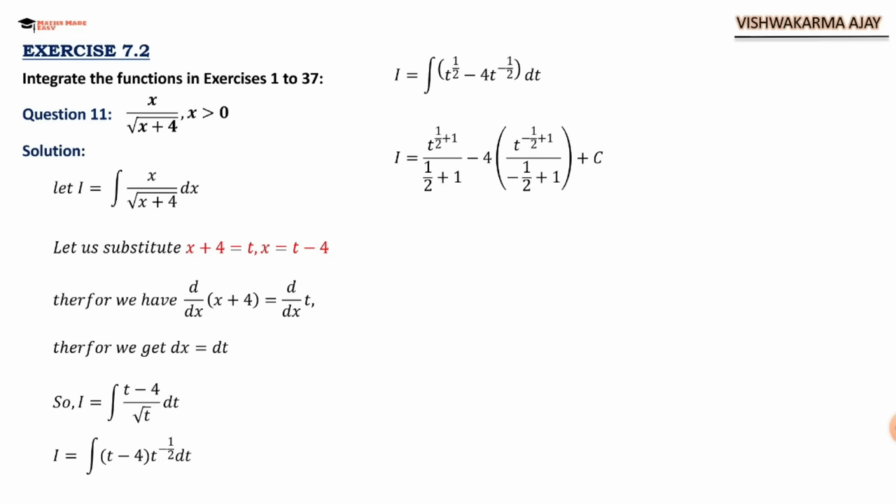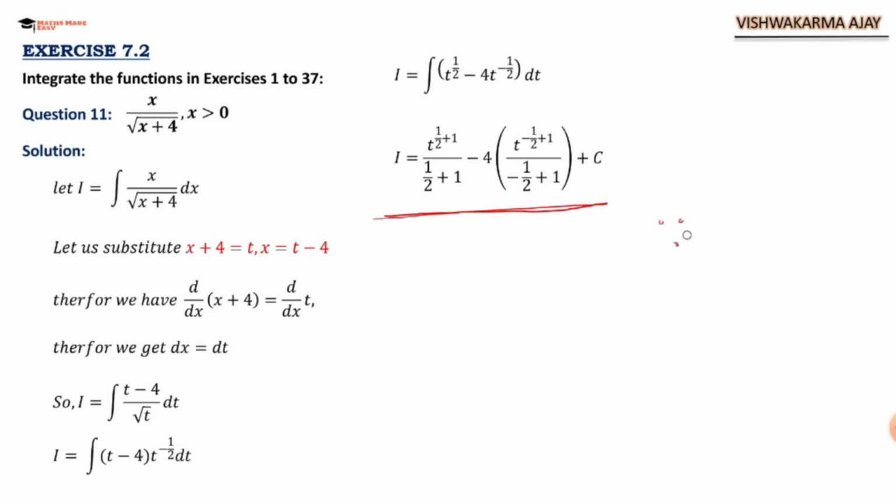Hence we have this. By applying integral, we can write t to the power 1 upon 2 plus 1 whole divided by 1 upon 2 plus 1, minus 4 times t to the power minus 1 upon 2 plus 1 whole divided by minus 1 upon 2 plus 1.